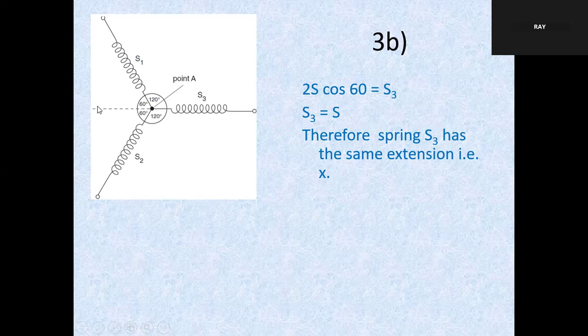Right? We resolve it in the horizontal direction if we like. And then cos 30 is half. Therefore, the spring S3 has the same extension as S. Yep.